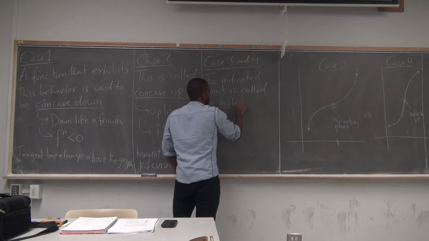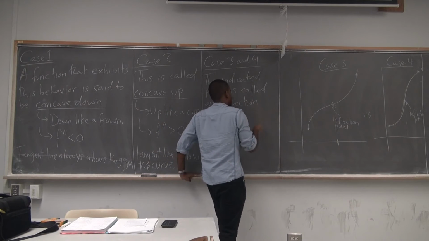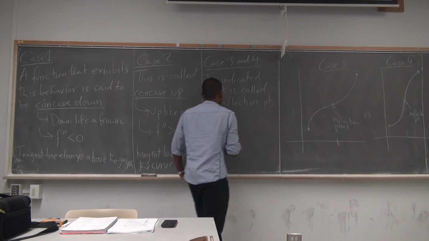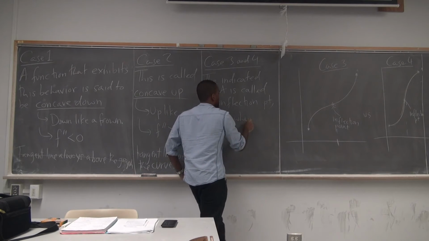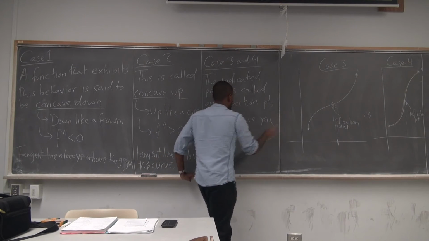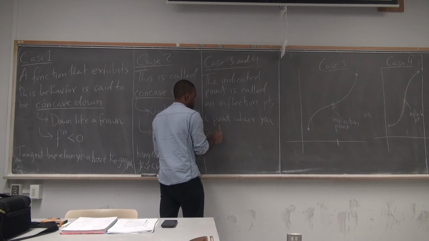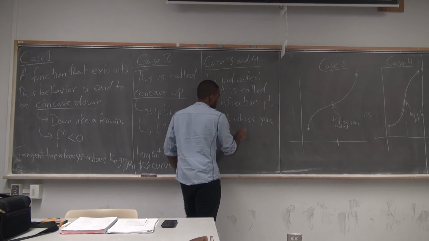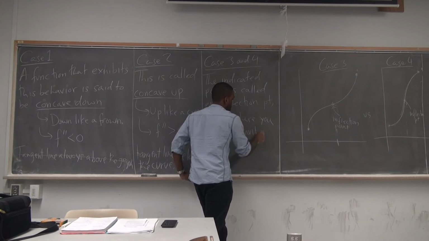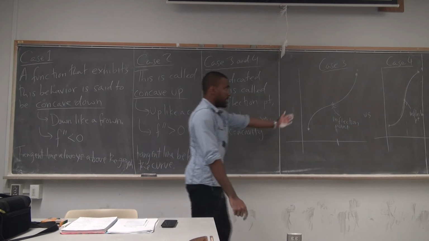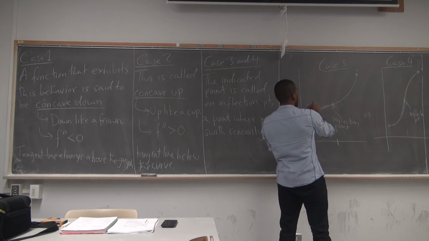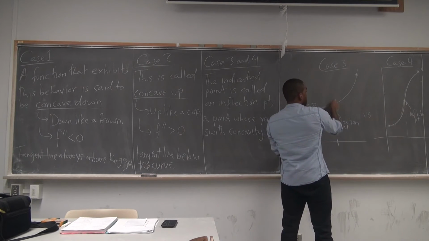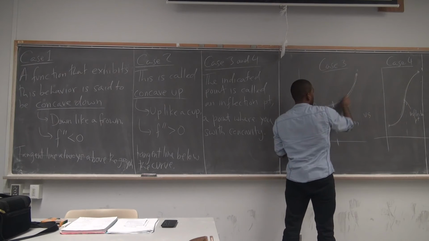And what is that? It's a point where you switch concavity. Right? So if you look at case 3, before here you were down like a frown, right? This is concave down on this side, right? At this point though, you switch. Now you're up like a cup.